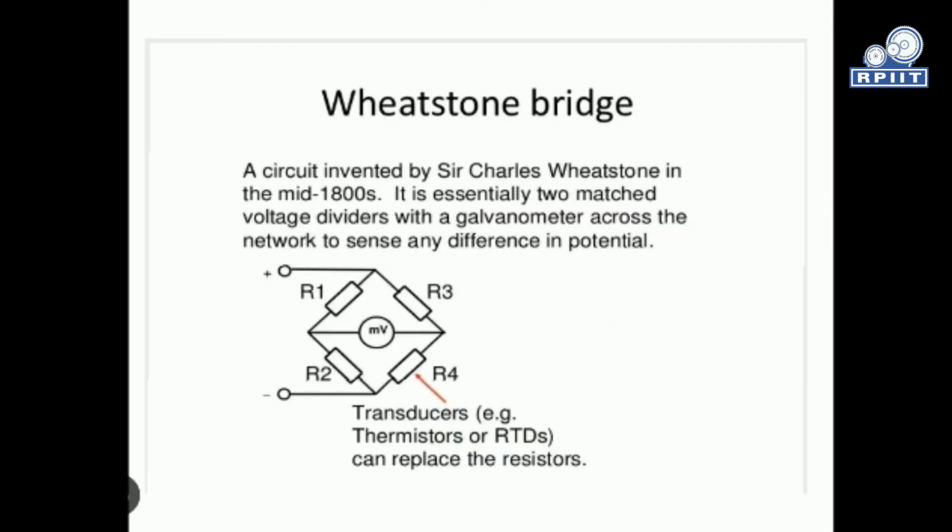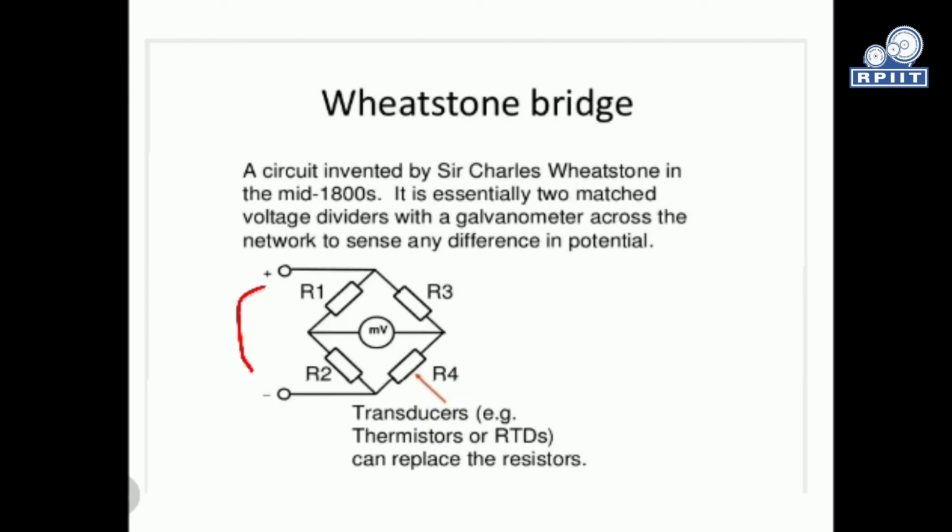The Wheatstone bridge can look like that, and it was invented by Sir Charles Wheatstone in the mid 1800s, the 19th century basically. It is essentially two matched voltage dividers with a galvanometer across the network.